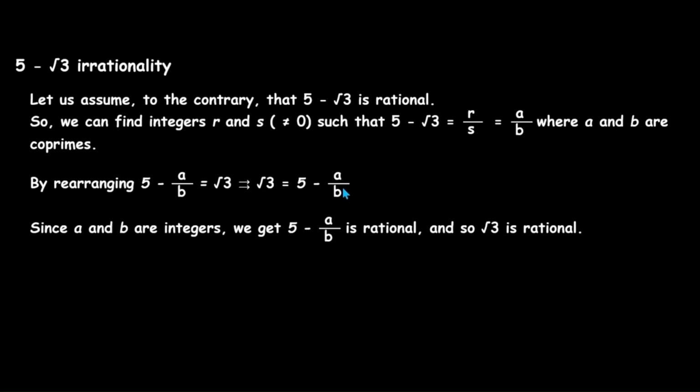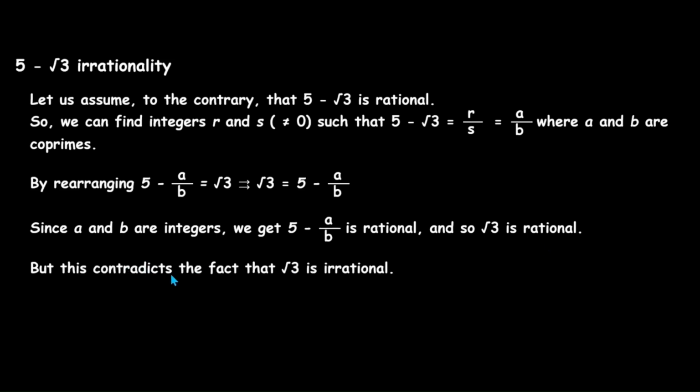And we know a and b are integers. So 5 minus a by b is going to be a rational number. And if so, we have root 3 on the left hand side. So if the right hand side is rational, left hand side also has to be rational. So then that makes root 3 rational.